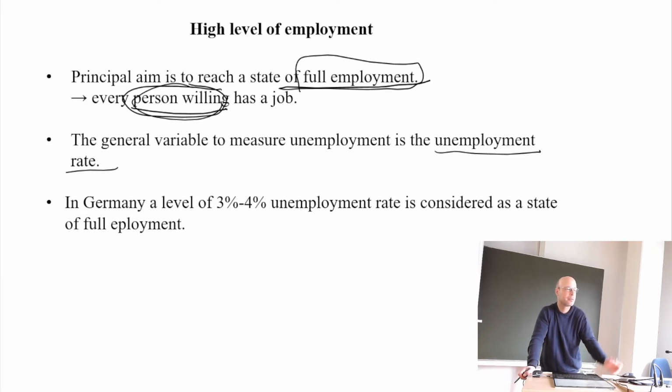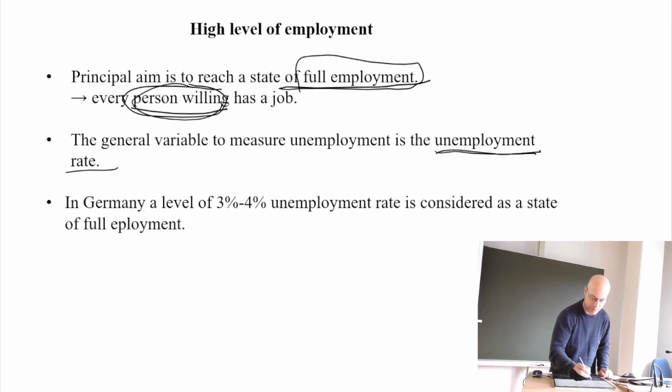So this is more or less roughly the people between 20 and 65 years in a society. And we take all the people who are unemployed relative to this number. This is defined, and we will do it in a minute in more detail. This is then called the unemployment rate.